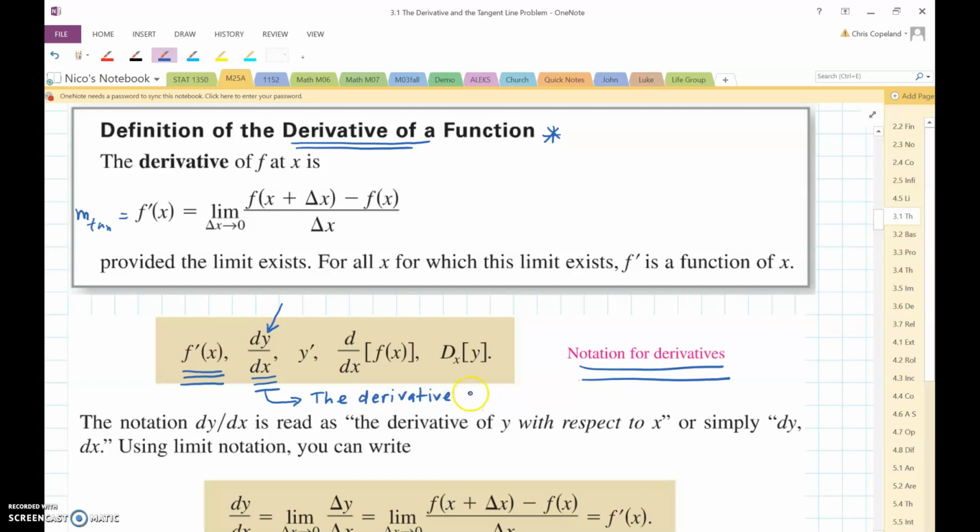The derivative of y with respect to x. This is just the derivative of y. This is just saying the derivative of f of x with respect to x, so it's similar to that one. And this one, we won't use this one in this class, so we won't worry about that.